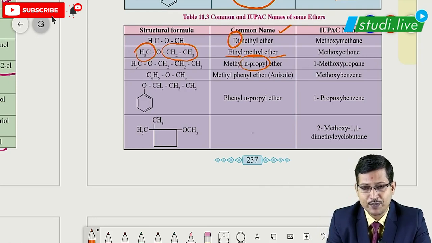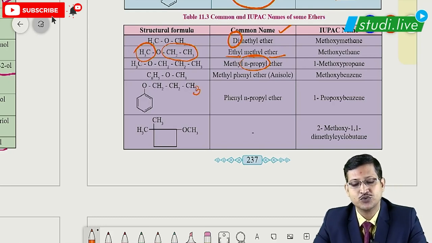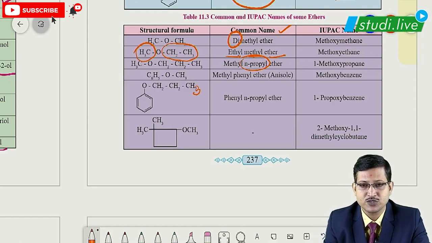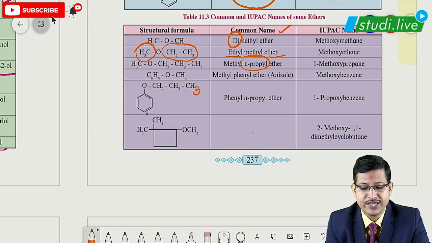The next one is benzene ring with O, CH2, CH2, CH2. Now this is not CH2, this is a misprint, this has to be CH3 here. So now this is phenyl n-propyl ether. Phenyl is Ph, this is the phenyl group here, and there are 3 carbon atoms, so this is propyl group.